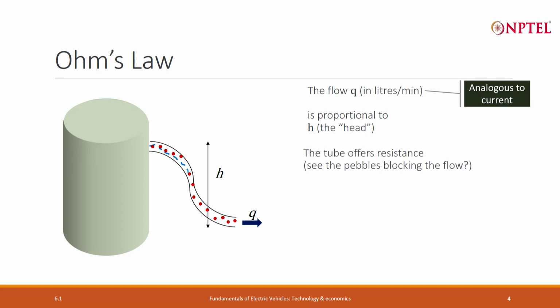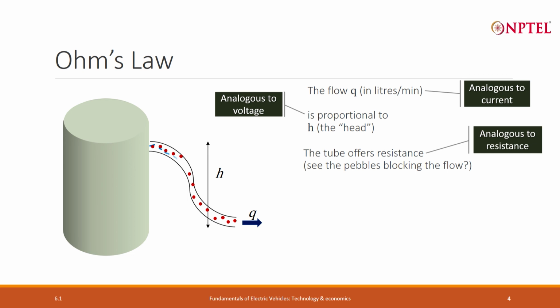And just to give you an analogy with electricity, the flow of water is like the flow of current. The head is very similar to the voltage that is applied, say from a battery, and the medium through which the current is flowing, the conductor, will offer a resistance to the flow of current.